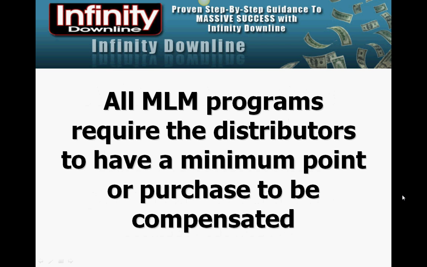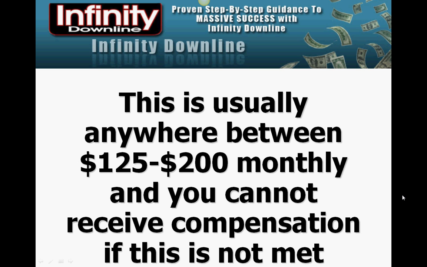All MLM programs, multi-level marketing programs, require the distributors or the partners to have a minimum point or purchase to be compensated from the program. For any traditional MLM, this is usually anywhere between $125 to $200 monthly, and you cannot be paid or compensated if this is not met.